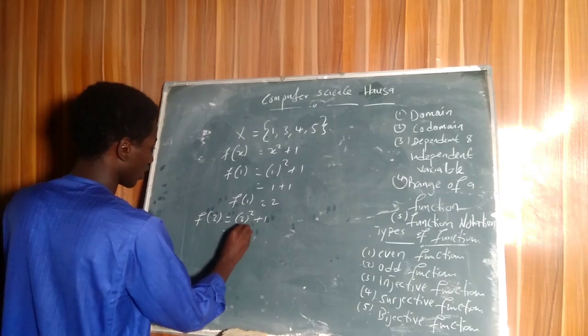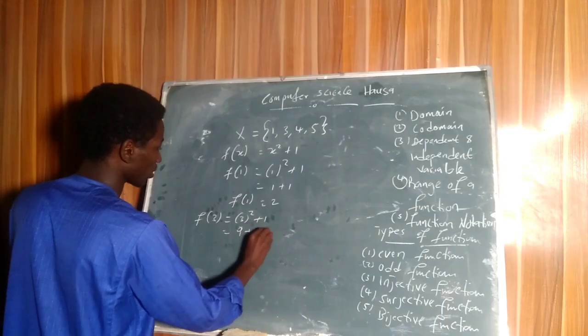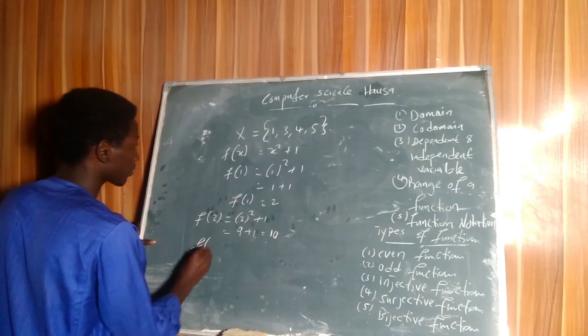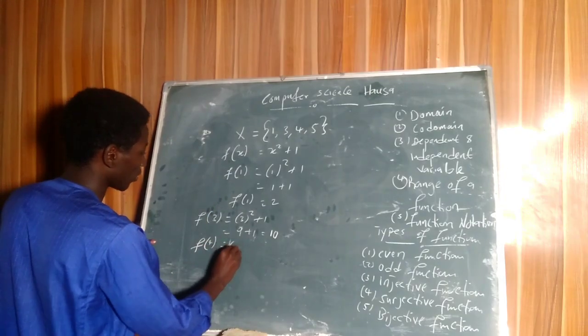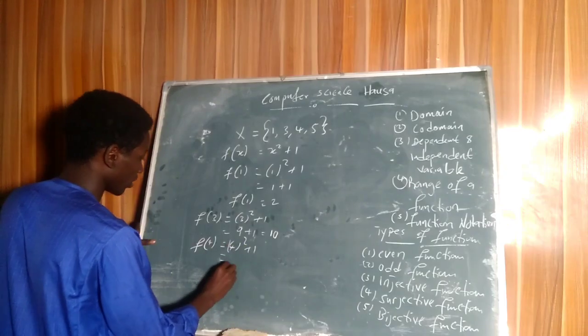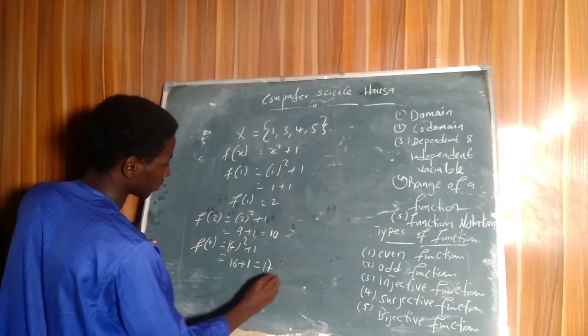So I'm going to get 9 plus 1, which is equal to 10. So f of 4 is equal to 4 square plus 1, which is equal to 4 square is 16, 16 plus 1 is equal to 17.